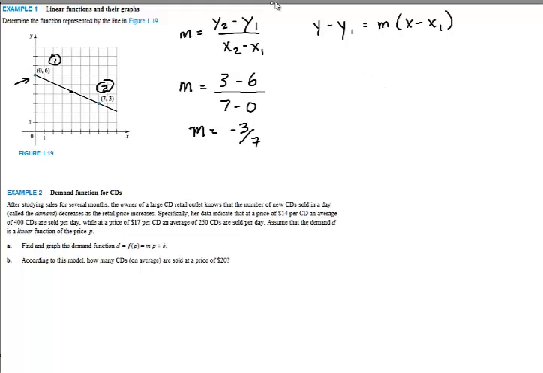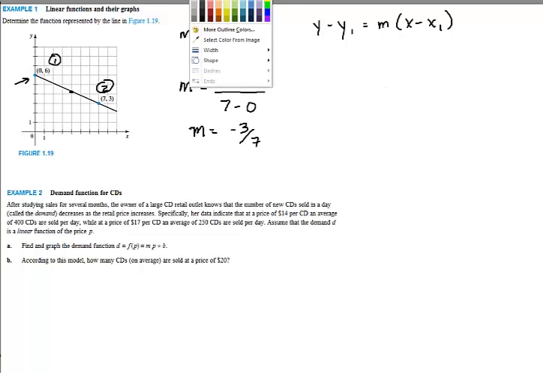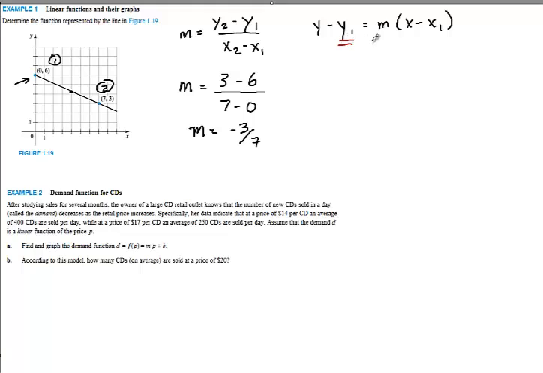What I'm going to do to find the equation of the line is plug in a point. And it doesn't matter which point I pick. I can pick either point I like. I pick the coolest point, and I like point number 1 because it does have a 0.